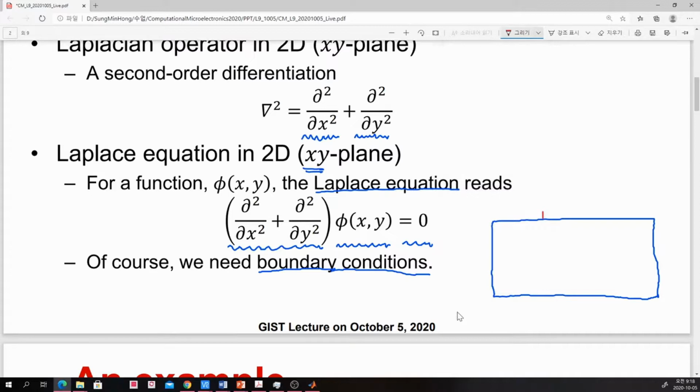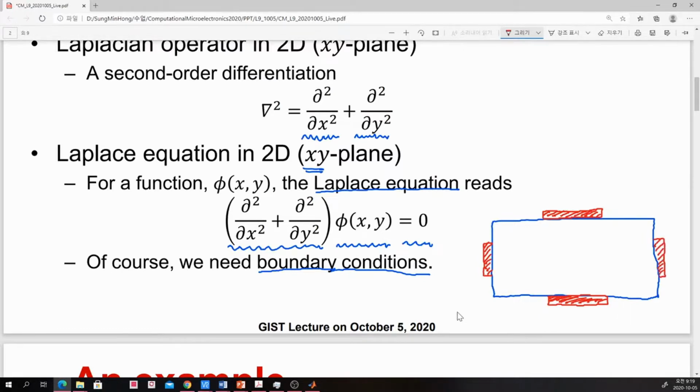For example, in this case, we have a contact, and another contact, and also another contact.